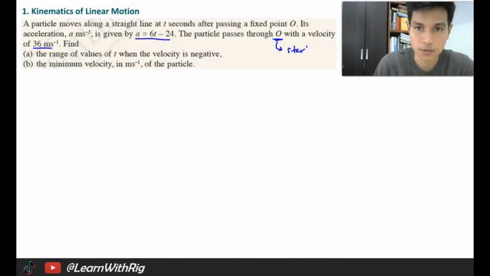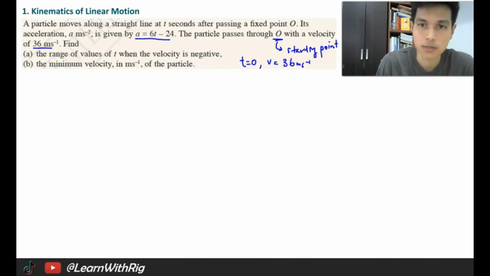Usually O we refer to as the point where it starts. So when it passes through O, the velocity is 36. It's trying to tell you that when t equals 0, the initial velocity is 36 meter per second.